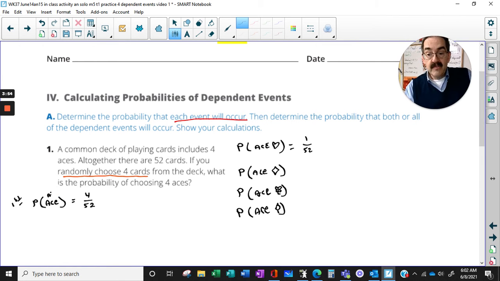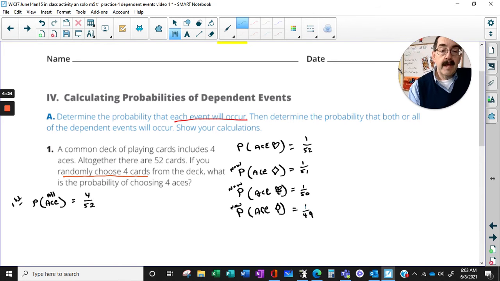They're all available on the first draw. Probability of an ace of hearts is 1 out of 52. Probability of the ace of diamonds, now 1 out of 51, 1 out of 50, now. Okay, some of you might have thought this.